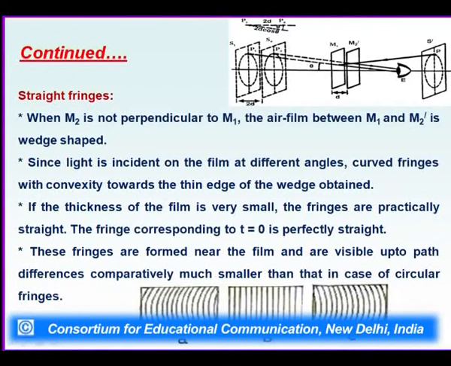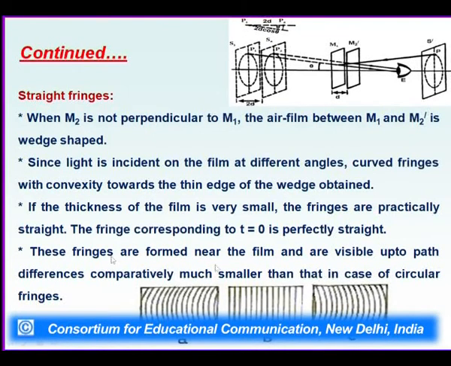In this case, a wedge film is introduced between M1 and the image of M2. If the thickness of the film is very small, the fringes are practically straight. That means if the thickness of the air film between M1 and M2 dash is very small, we get only straight fringes. This is the case of B. The fringe corresponding to t equal to 0 is perfectly straight.